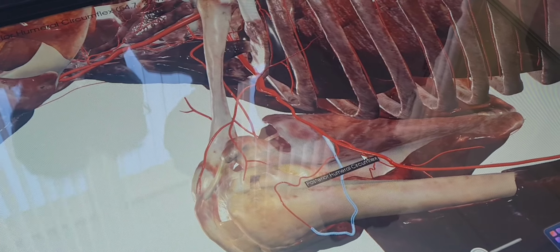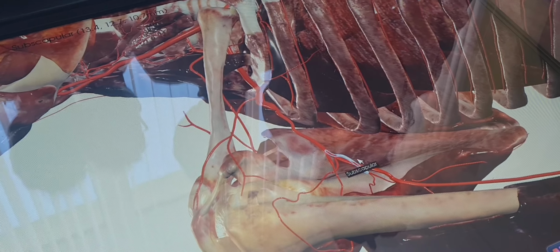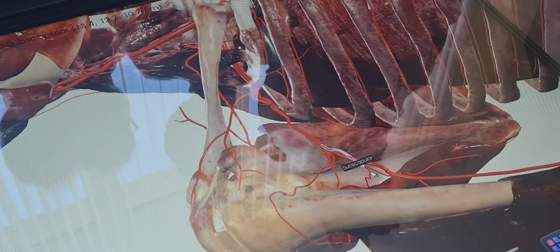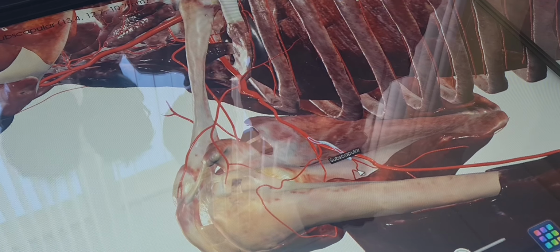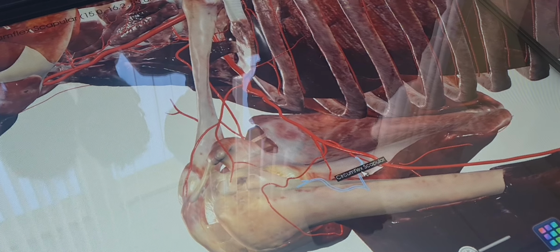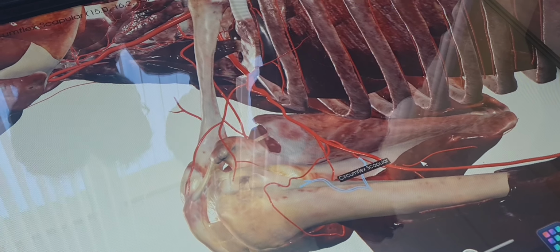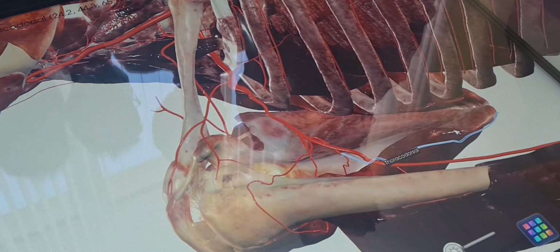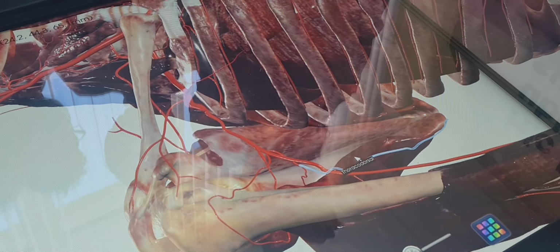And the last branch, and it is the largest branch, is arteria subscapularis. Arteria subscapularis subdivides into two: arteria circumflexa scapulae, and this artery goes into the foramen trilaterum, and arteria thoracodorsalis goes to latissimus dorsi and musculus teres major and supplies them.